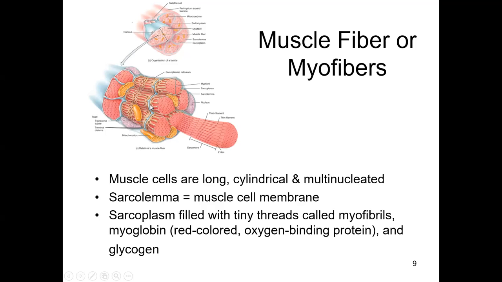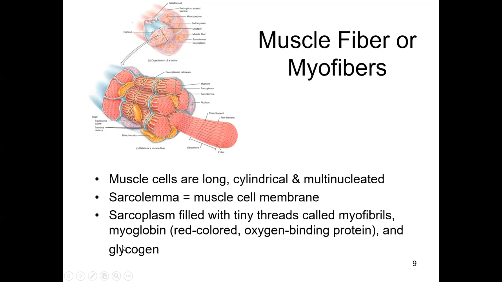And inside the sarcoplasm, we see these red-colored myofibrils. You saw this on the model too. What we didn't mention in the lab is that the reddish color of muscle is coming from myoglobin. It's a protein that can stash away a little bit of oxygen inside a muscle cell.